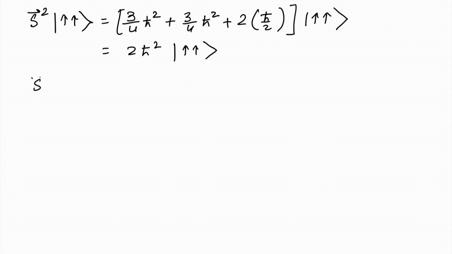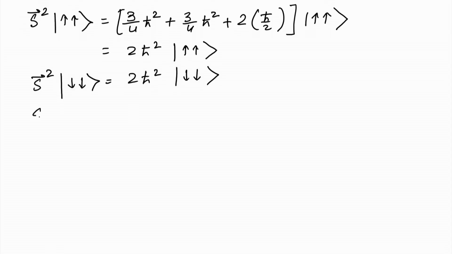Similarly, for the down, down state as well, one gets the same answer by using the same technique. S square acting on the down, down state will give us 2 H cross square times down, down.